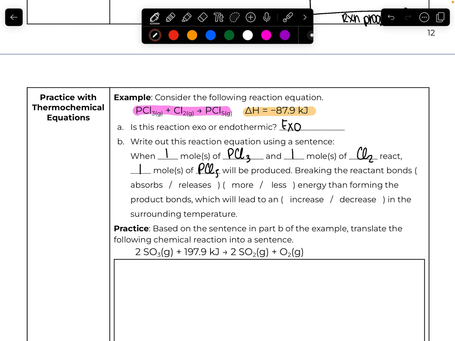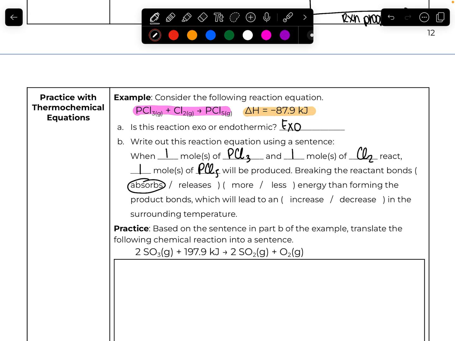When you break your reactant bonds, is energy absorbed or released? Energy is always, always, always absorbed. You have to put energy in first to break the atoms away from each other. Now let's think about what happens when we're forming the product bonds and how this leads to an exothermic reaction. Because this is exo, is more energy released or absorbed?